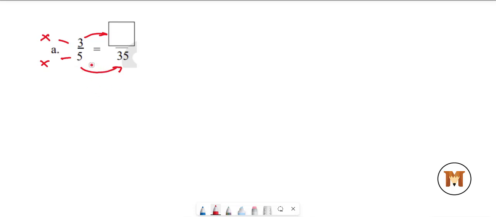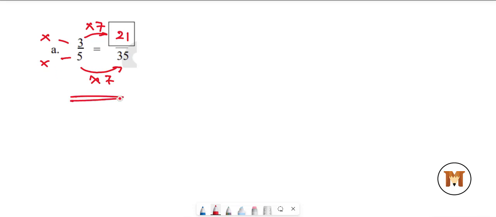Let's see the relationship between these two denominators. 5 multiplied by 7 comes to 35, so I apply the same here. 7 times 3 is 21. So this is how you can get the answer.